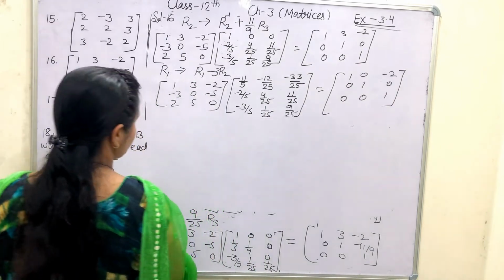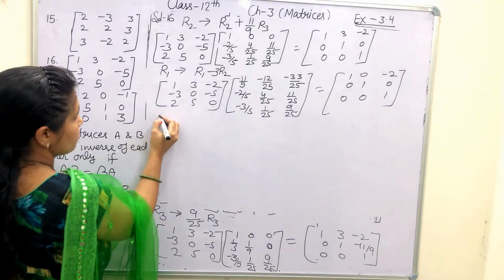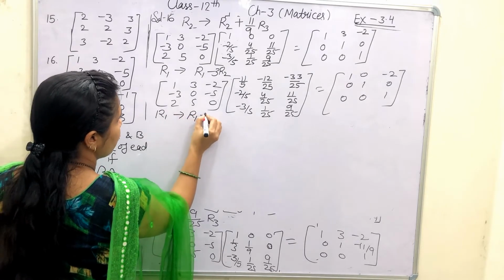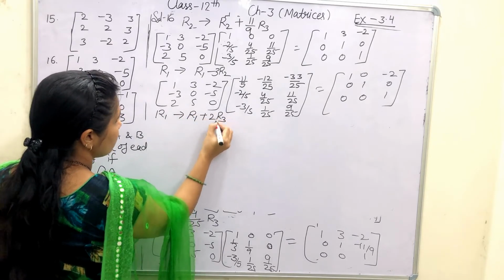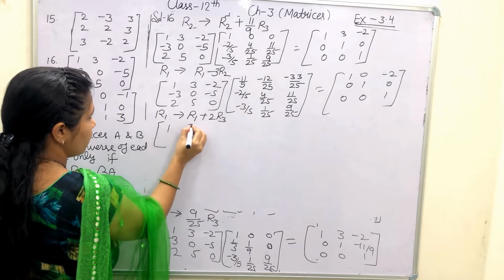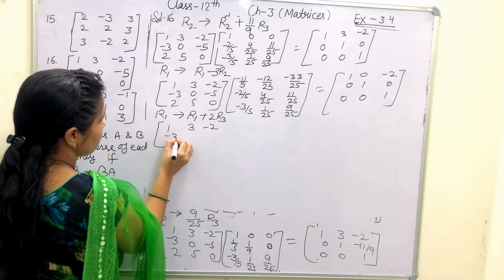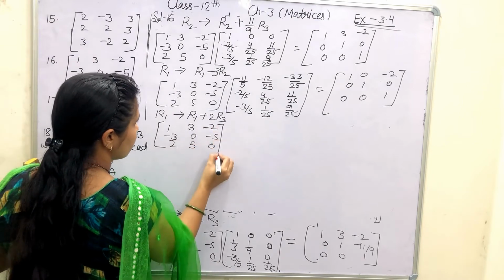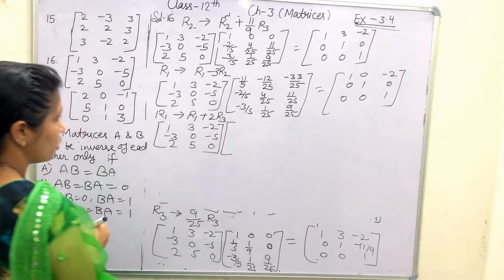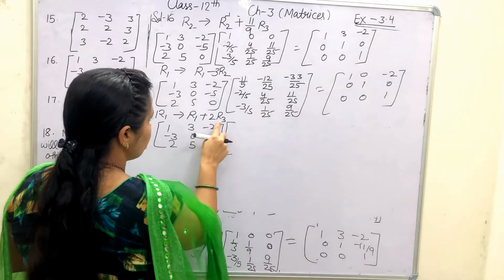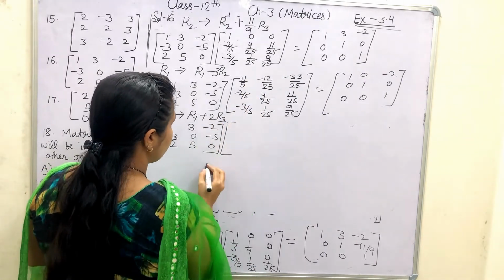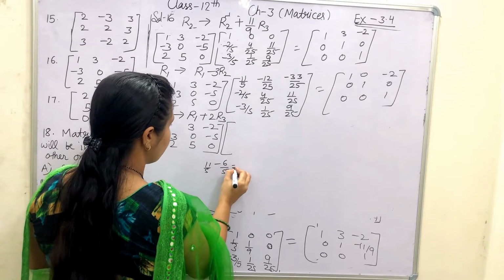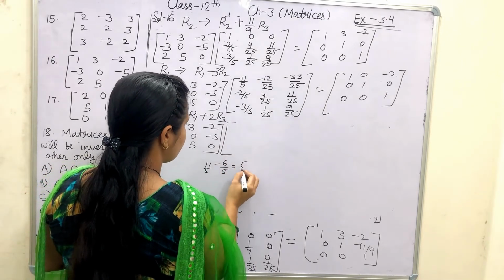Now, on applying R1, R1 plus 2 R3. 1, 3, minus 2, minus 3, 0, minus 5, 2, 5, 0. R1 plus 2 R3. 11 by 5 minus 6 by 5. We get here 5 by 5, that is 1.